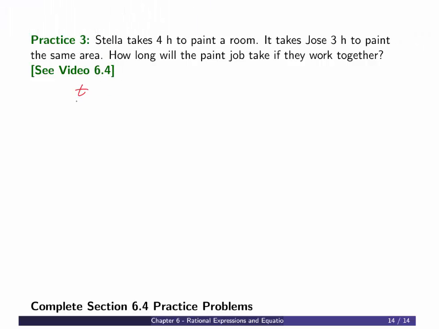We have T over 4 for Stella, and we're going to have T over 3 for Jose, and that's going to equal the total time. That's actually T over T, okay, which reduces to 1.